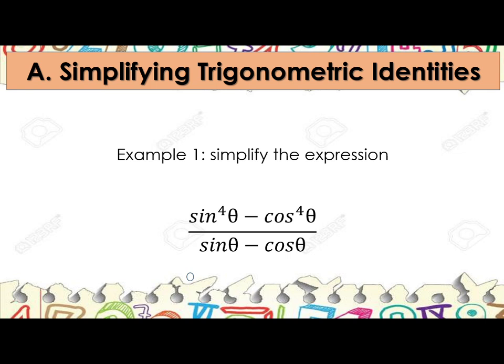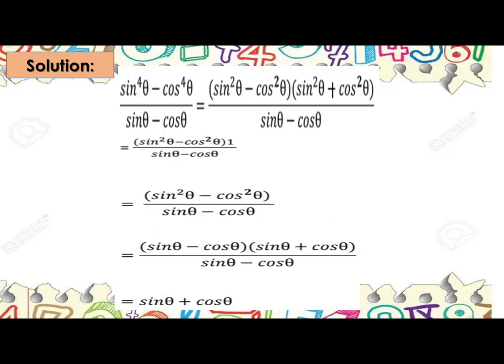How are we going to simplify this expression into simplest form using the identities that we discussed in the previous slide? All you have to do here is factor the numerator, to simplify this expression more.